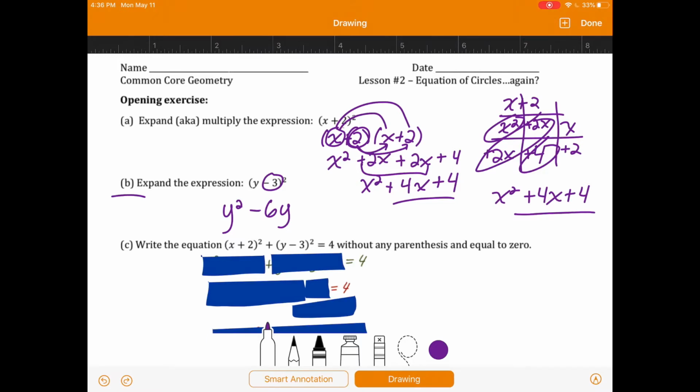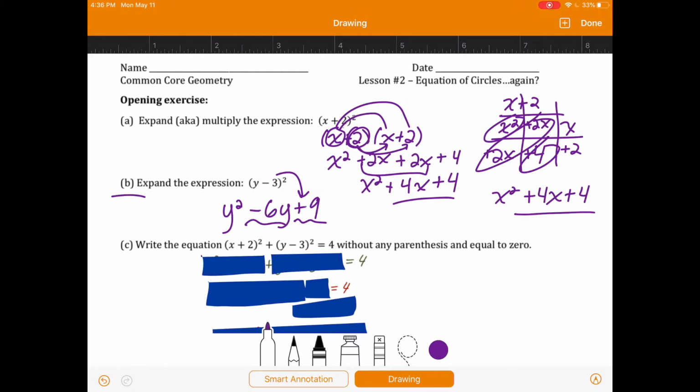And then the third piece is always going to be this number squared, okay? So that's going to be plus 9, okay? This will always be a plus. This will be negative if this number was negative, and positive if that number was positive.